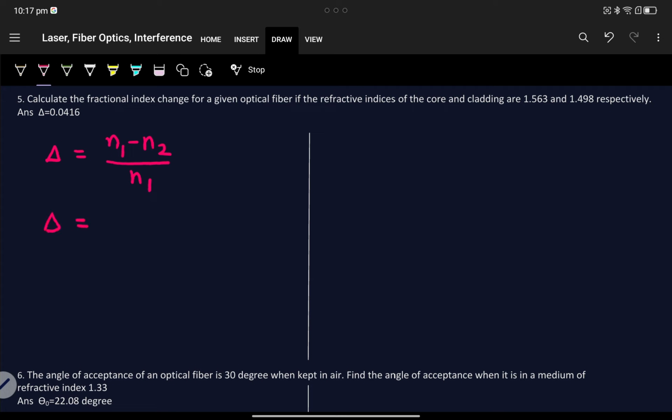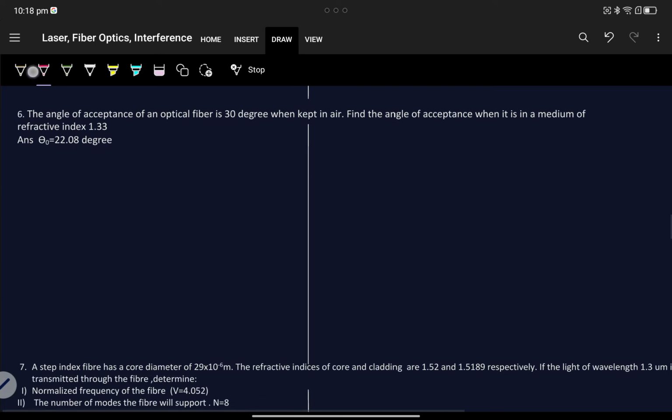We'll substitute the value of n1, which is the core refractive index: 1.563 minus 1.498, divided by the refractive index of core, which is 1.563. So when we substitute, we'll get the value of the fractional refractive index as 0.0416. Let's move towards the next question.